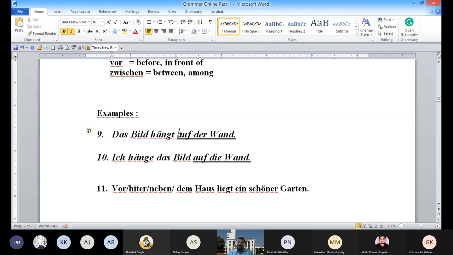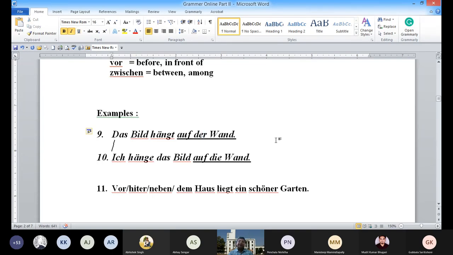So in both sentences, auf is coming. But if the verb is saying action, then it is accusative, and if the verb is saying position, just a statement, no action, then it is dative. This is the basic difference.